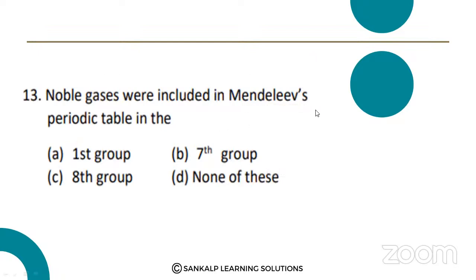Noble gases were included in Mendeleev's periodic table in the, so in Mendeleev's, not in modern periodic table. So it was included in Mendeleev's periodic table in which group? First group, seventh group, eighth group, or none of this? Ma'am, 7th group. None of this, ma'am. 18th group is noble gases. Ma'am, in Mendeleev, 7th group, ma'am.